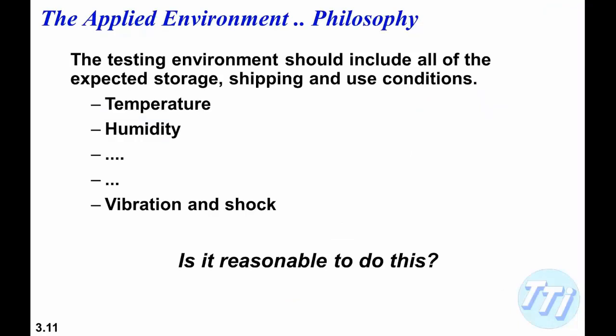So we're going to apply an environment. The philosophy is that the testing environment should include all of the expected environmental conditions: temperature, humidity, vibration, shock. But the fundamental problem is that in a test lab we really can't do all of these things simultaneously.